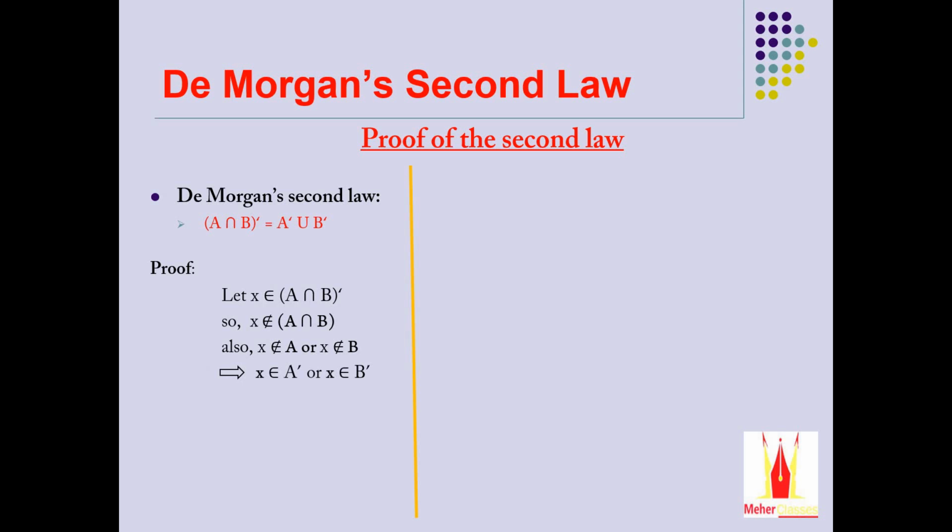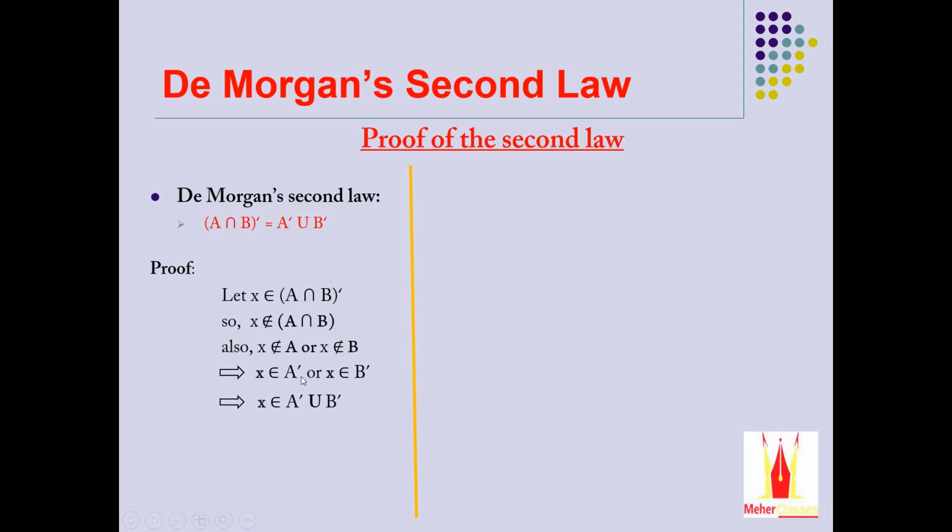Then we can say that X belongs to A complement or X belongs to B complement, because X does not belong to A or X does not belong to B. So we can also say that X belongs to A complement union B complement, isn't it?